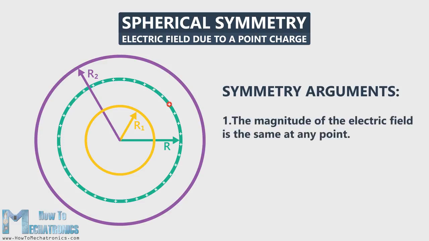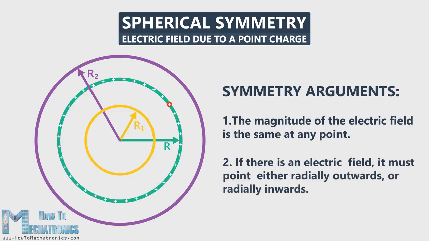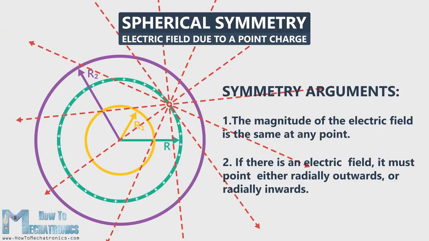The first symmetry argument shows that the magnitude of the electric field is the same at any point, since the charge here is uniformly distributed. The second symmetry argument shows that if there is an electric field, it must point either radially outwards or radially inwards. In this example, we have a positive charge, which means that the field is pointing outwards.